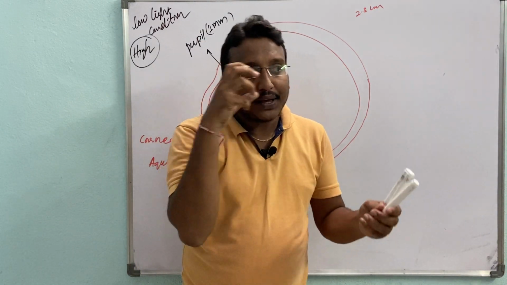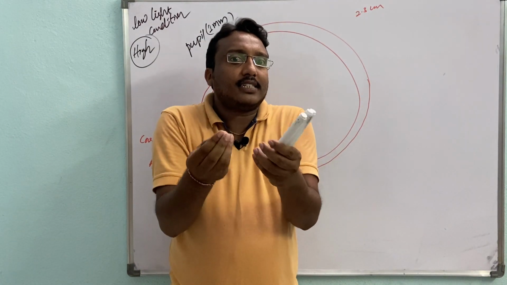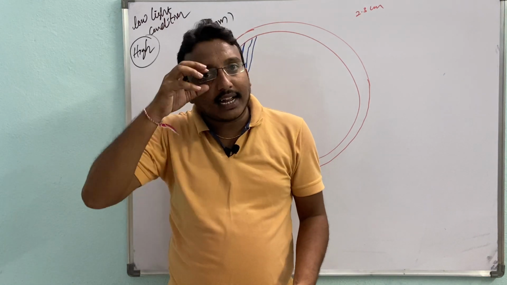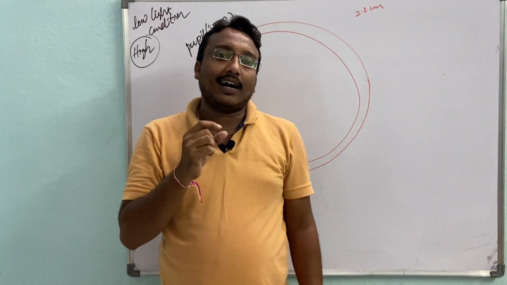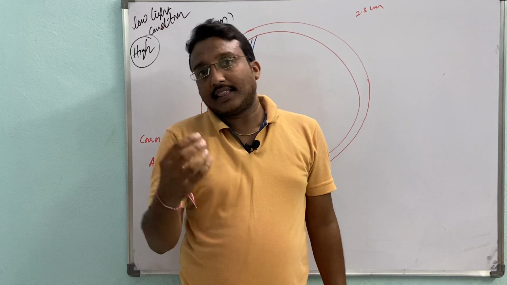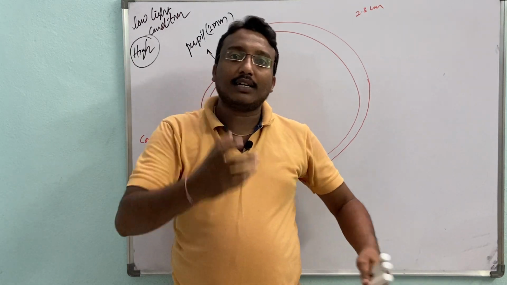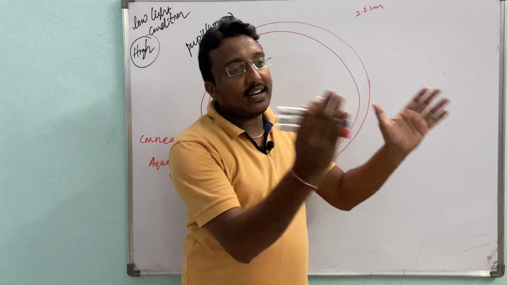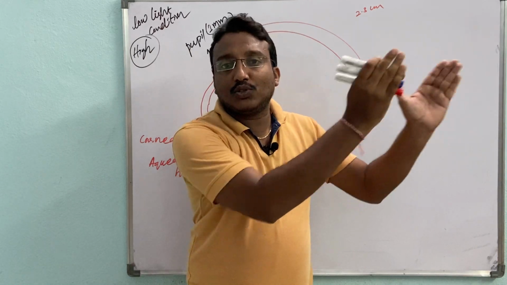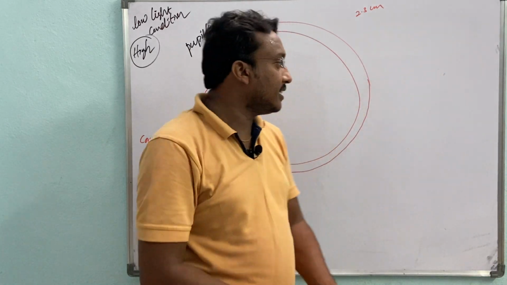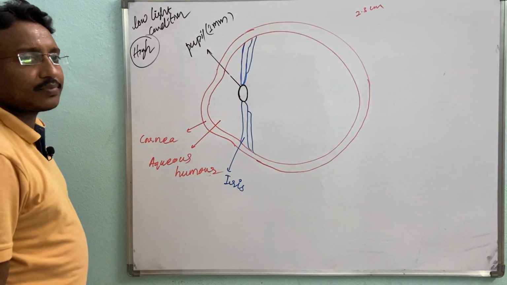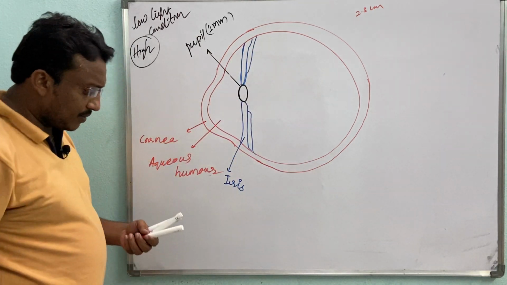Then after 10 or 15 seconds, your iris adjusts the size of the pupil, then it allows a sufficient amount of light, then you are able to find the chairs and you can walk easily. Got it? This is the function of the pupil.